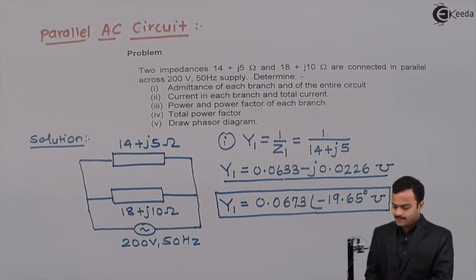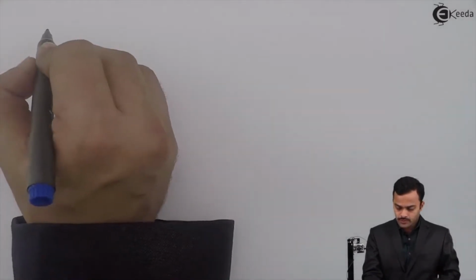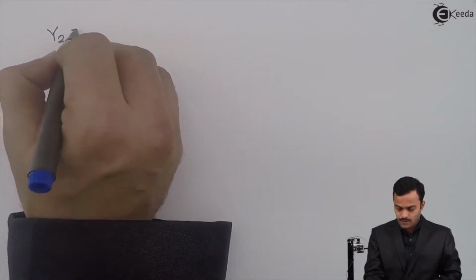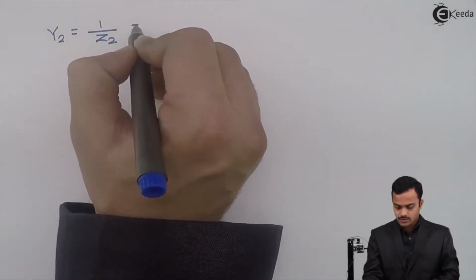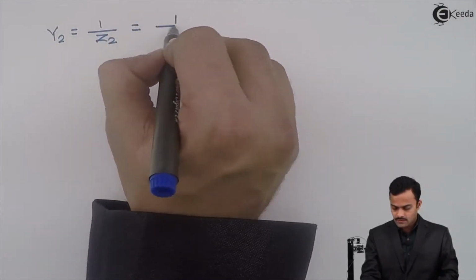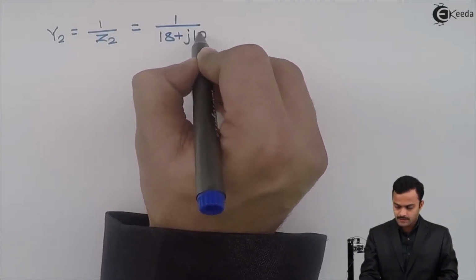Similarly, I can get Y2. So Y2 equals 1 upon Z2, and Z2 they have given as 18 plus j10.